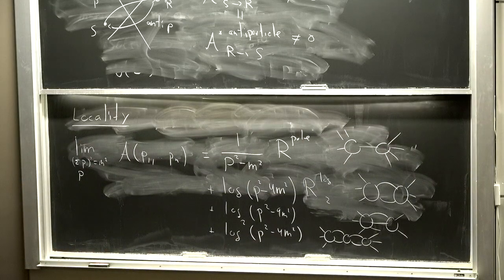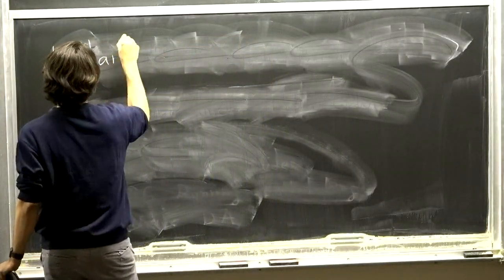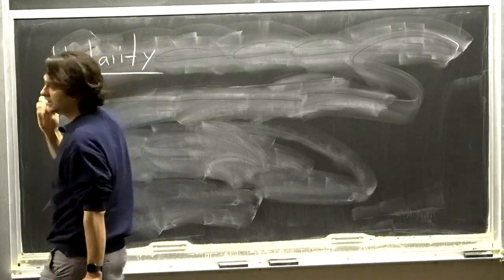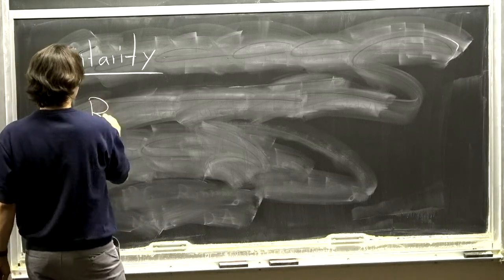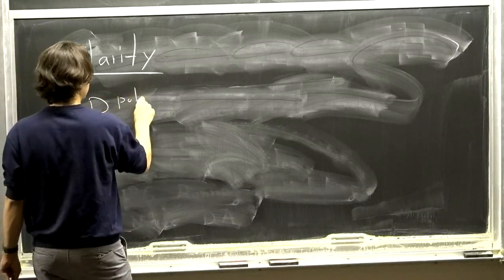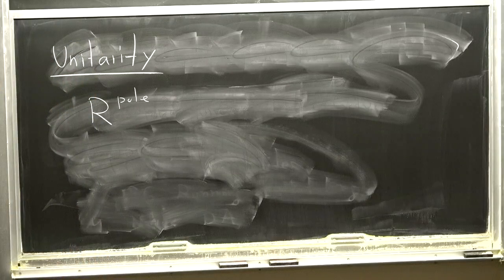And finally, unitarity actually becomes very powerful in combination with this, because unitarity tells us that actually the residue of each one of these singularities is fixed. So unitarity tells us, for instance, that the residue of this pole actually is a sum over the product of these processes that can happen.